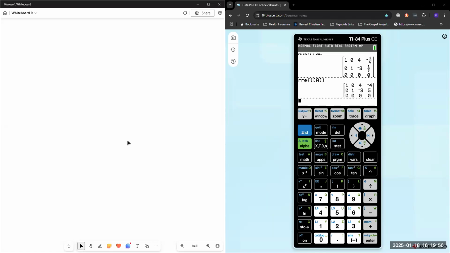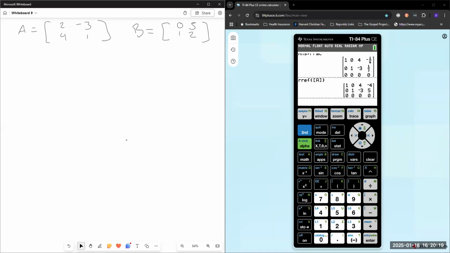It's also a linear combination problem, but with matrices, to ask us if matrix A is equal to 2, -3, 4, 1, and matrix B is equal to 0, 5, 1, 2.